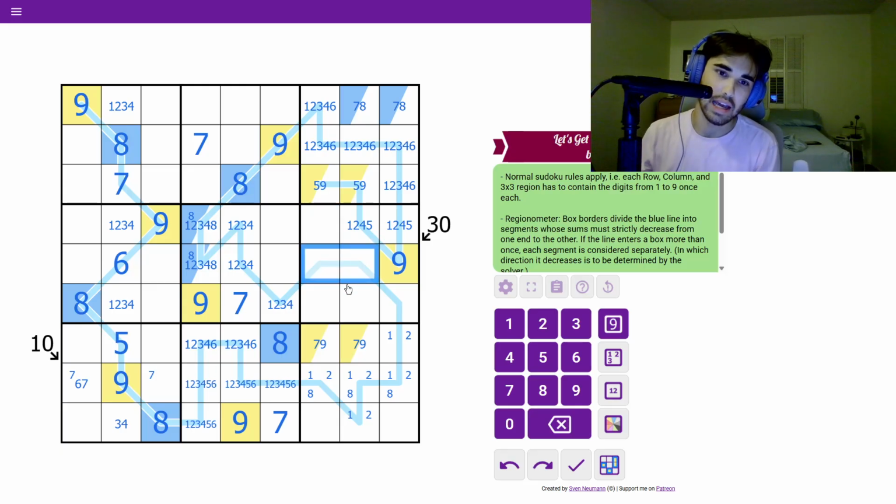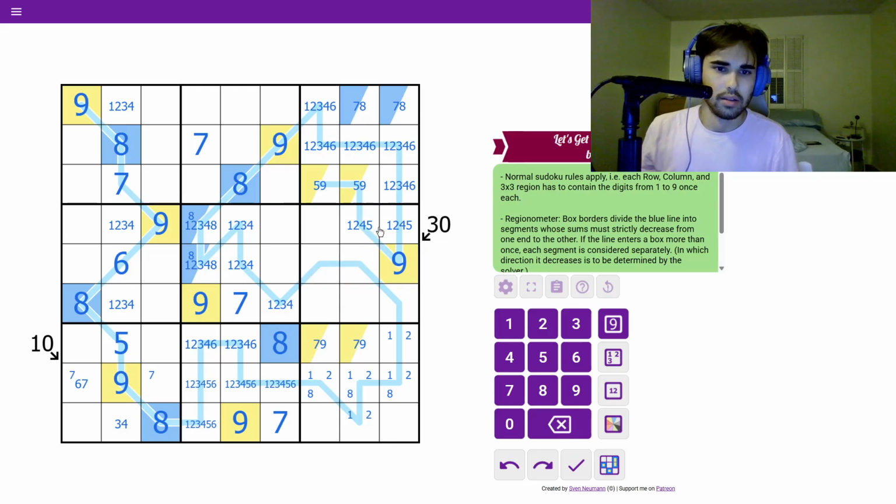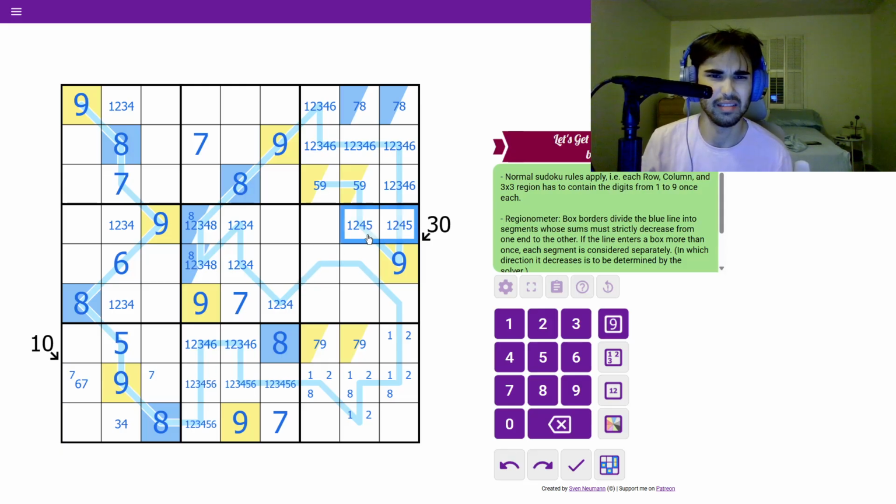And 7 and 8, 15. Could that be a 4? So they could both go on the line. I don't see why not. Yeah, I don't see why they both couldn't be on the line. What about 6s? Eh.